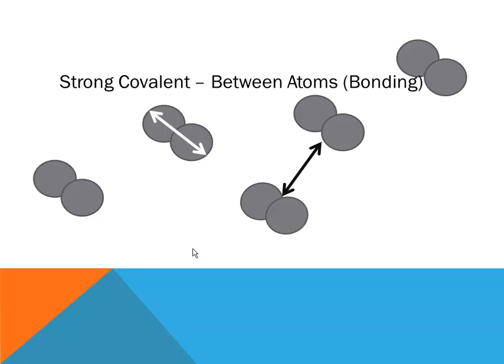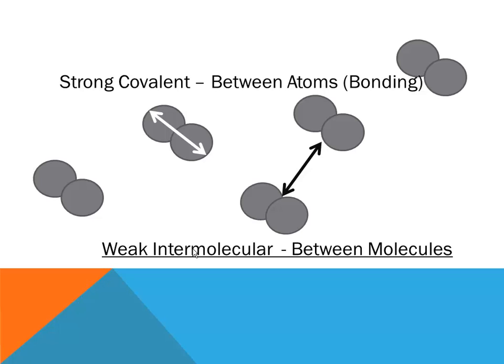These are between atoms. Inter is between molecules, so how molecules actually hold on to each other. So how they boil, how they melt, how they freeze, which are generally pretty weak if you're dealing with covalent compounds.